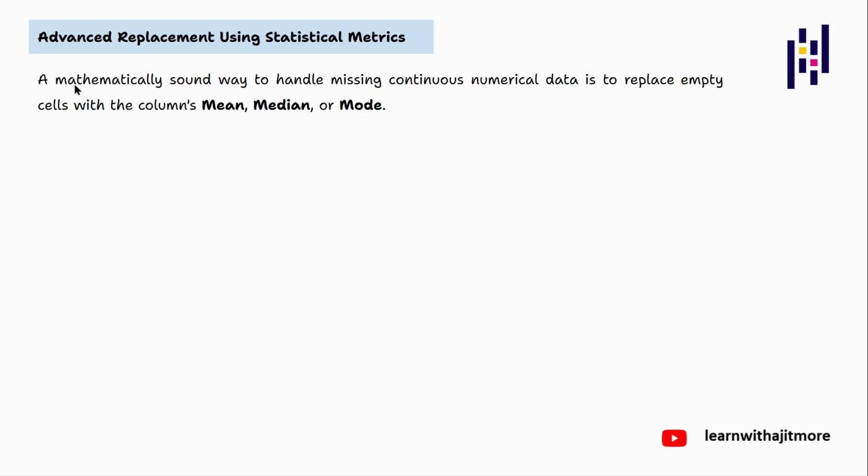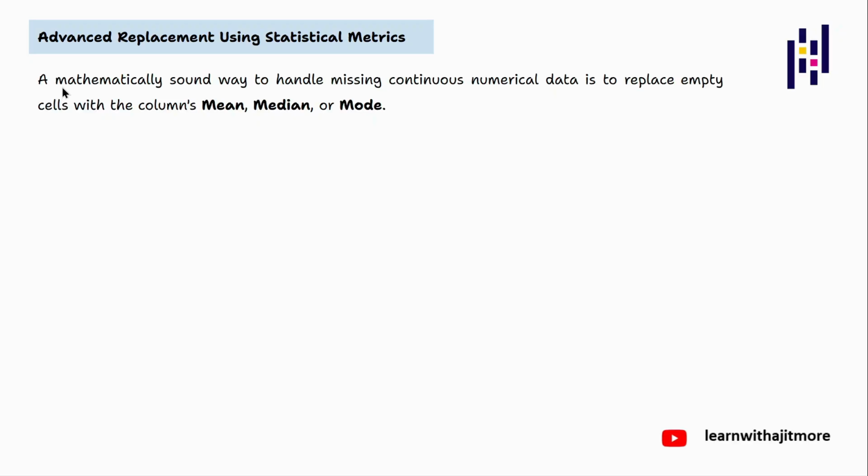Okay, so advanced replacement with statistical metrics. This metrics means measurements. So one way is replacing that with the median, the mode, or the mean. You'll say, what is median, mean, mode? I'll tell you.